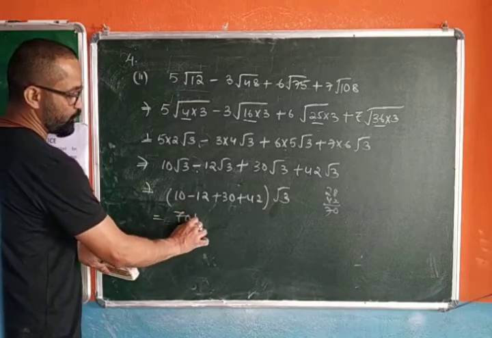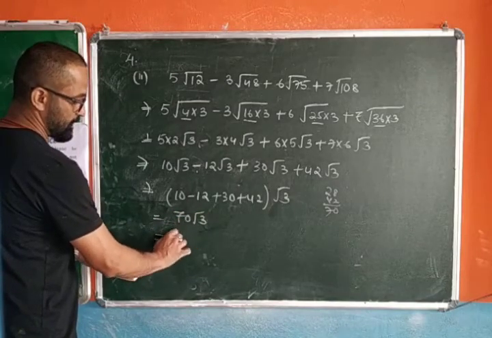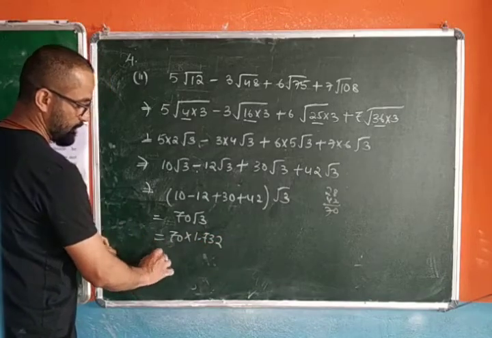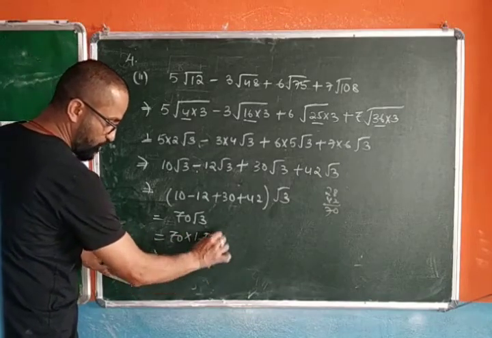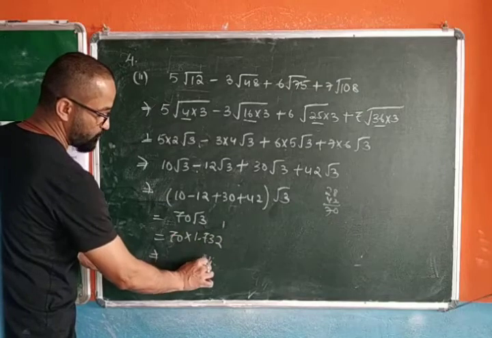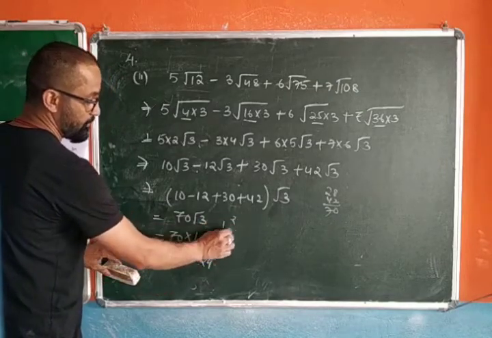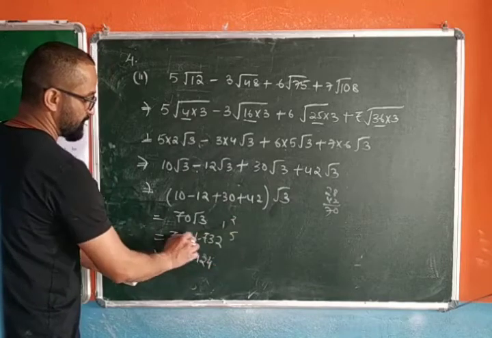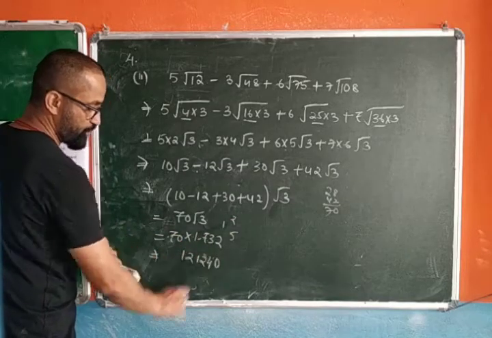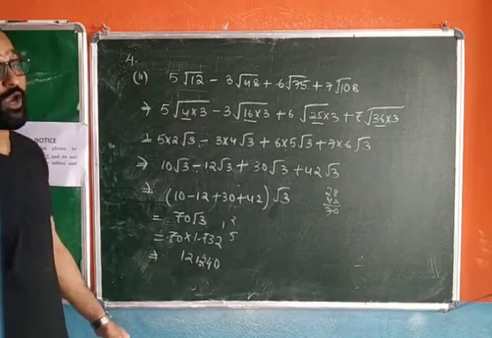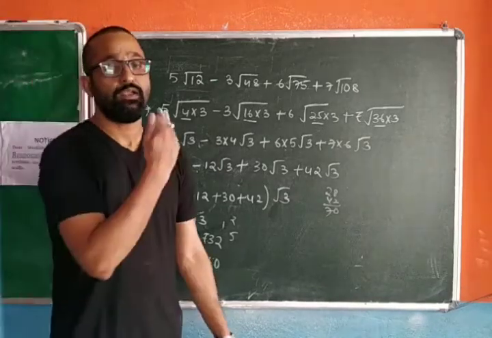It is 70 root 3. Substitute 1.732 and multiply: 7 into 2 is 14, 7 into 3 is 21, 7 into 7 is 49. Put 0, with 3 places of decimal it is 121.240.